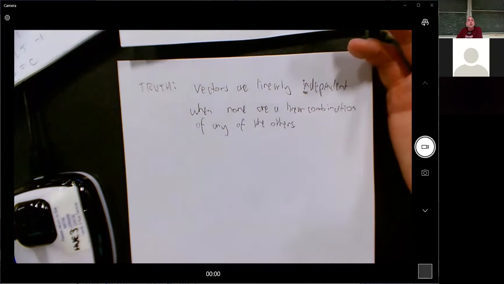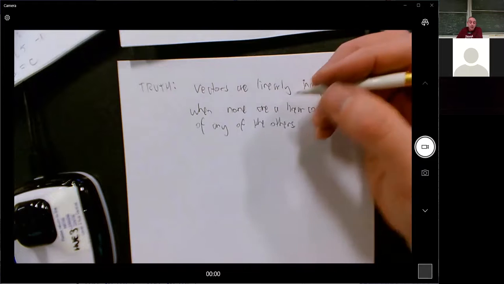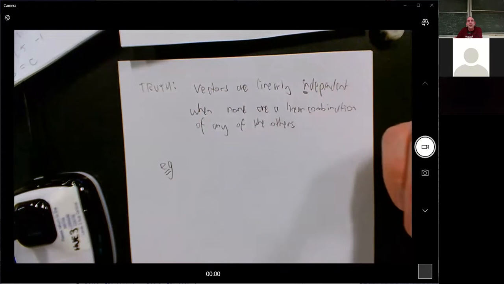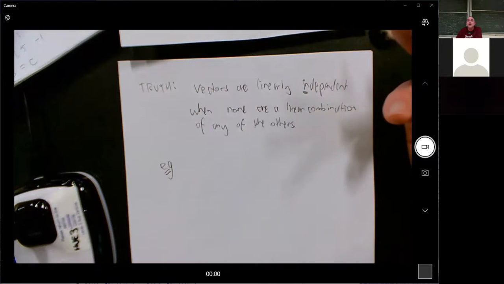That's important, okay? So this is harder to tell, right? If they're linearly independent, it can be really hard to tell.